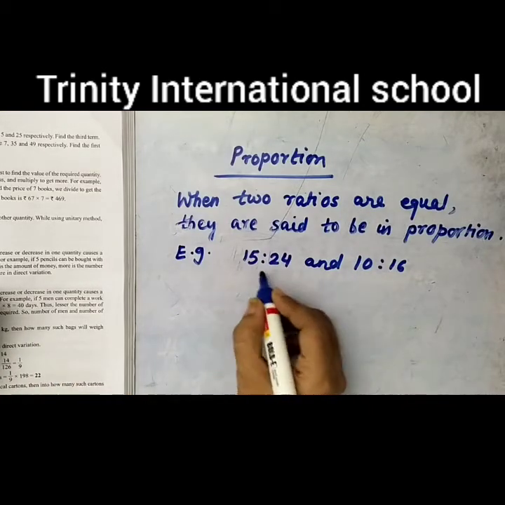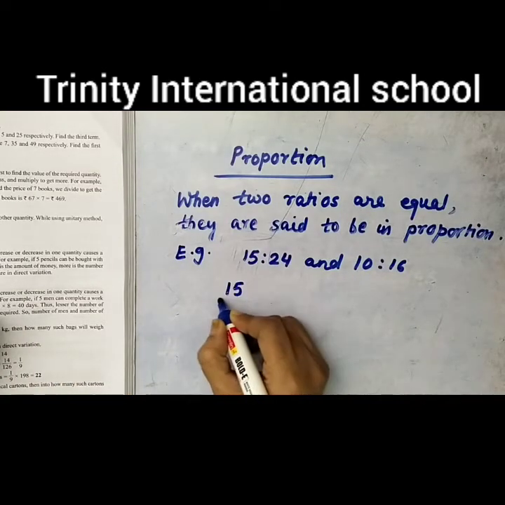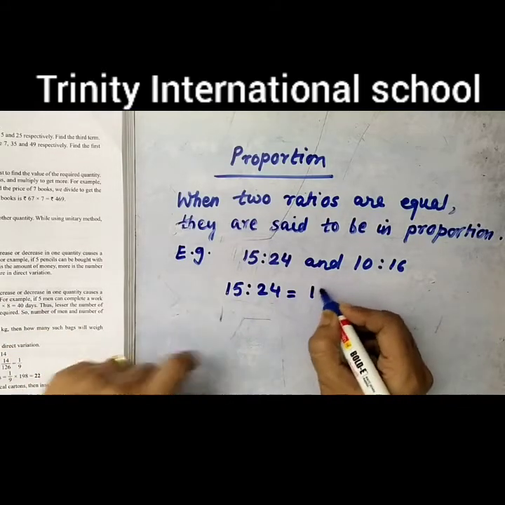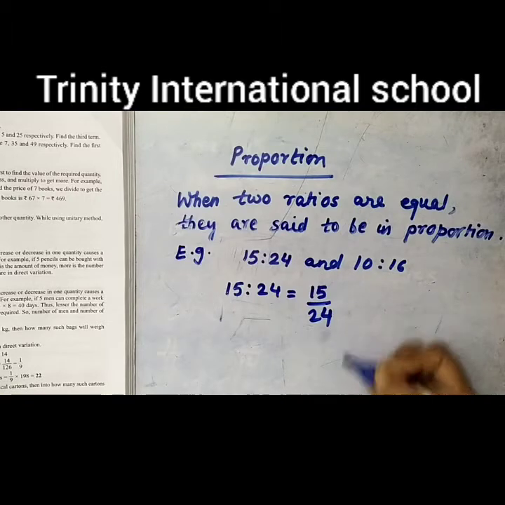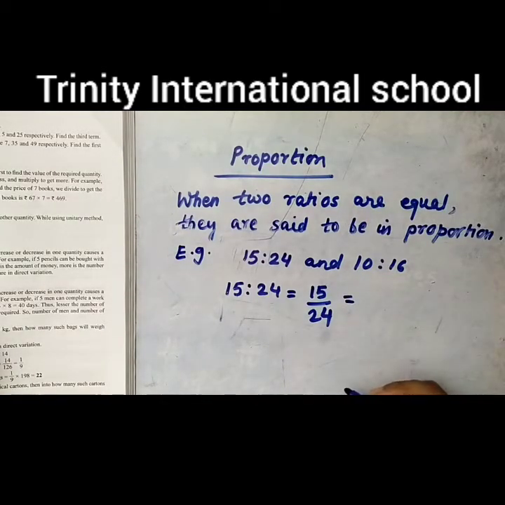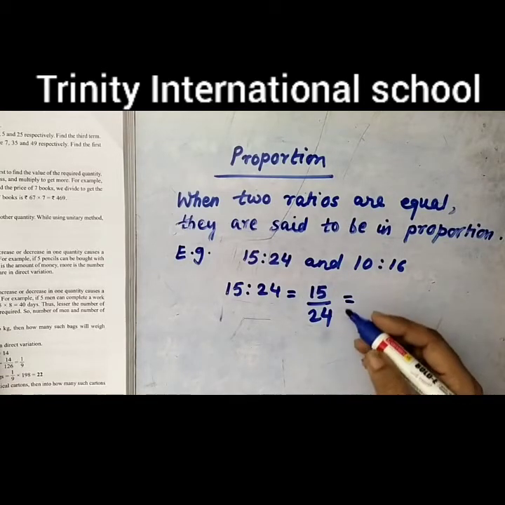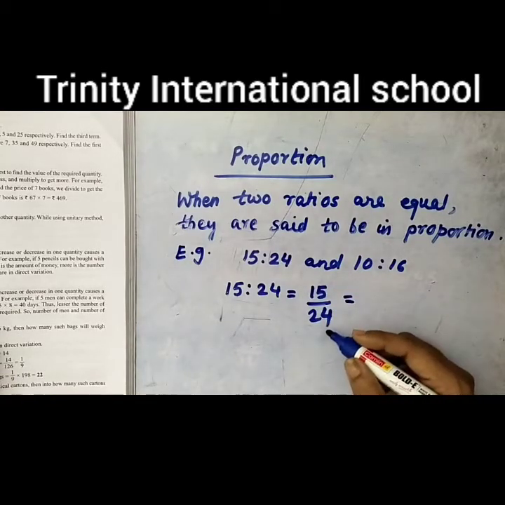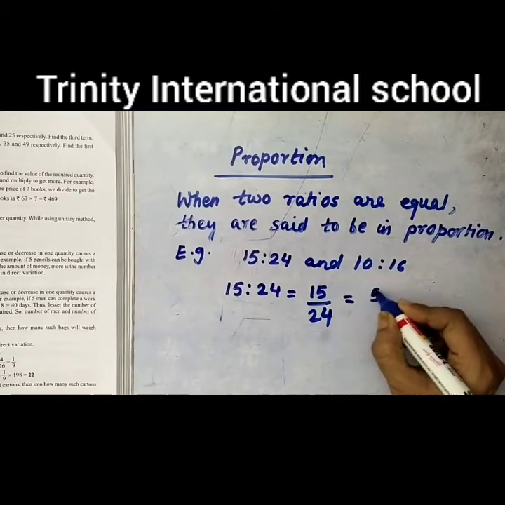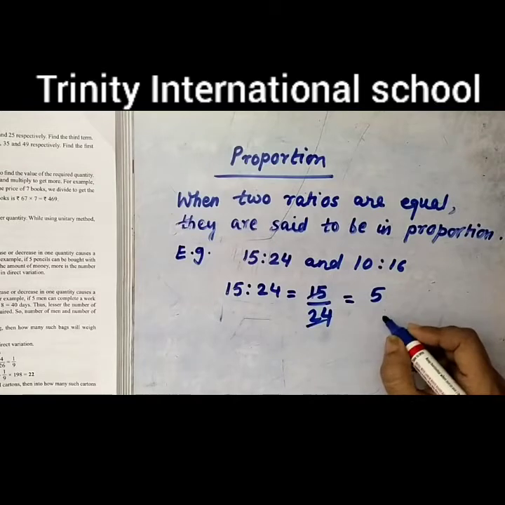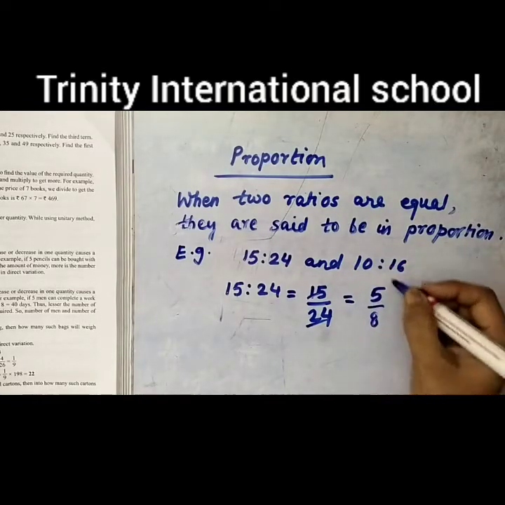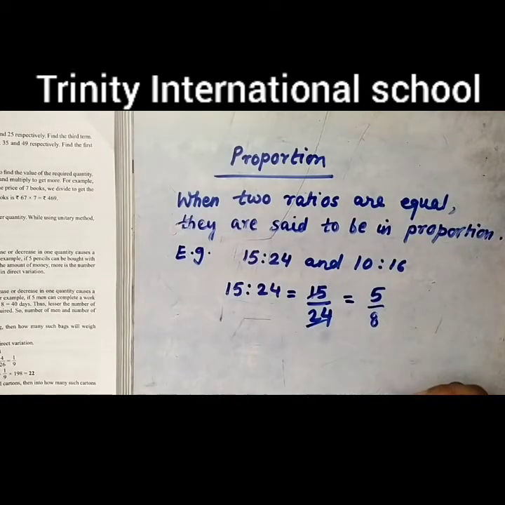First let us take 15:24. It can be written as 15/24, isn't it? Let us go for the lowest term here. If you take the common factor 3, then 3 5s are 15 and 3 8s are 24. So this is the lowest term of the ratio.